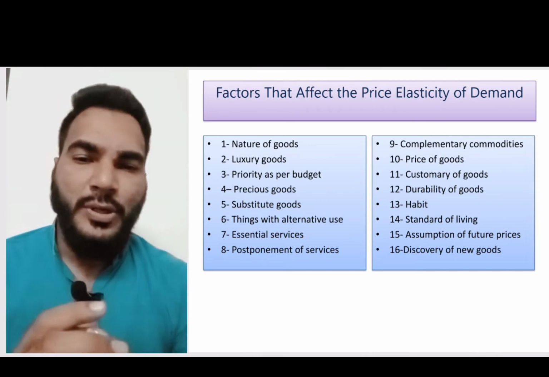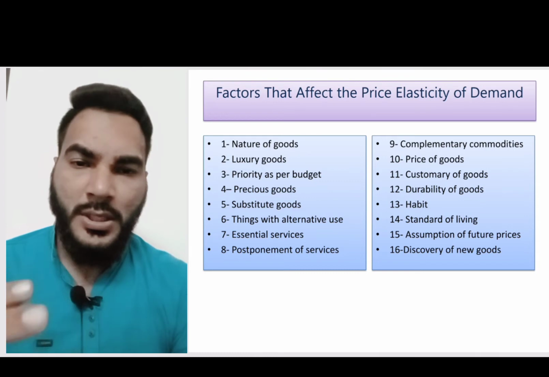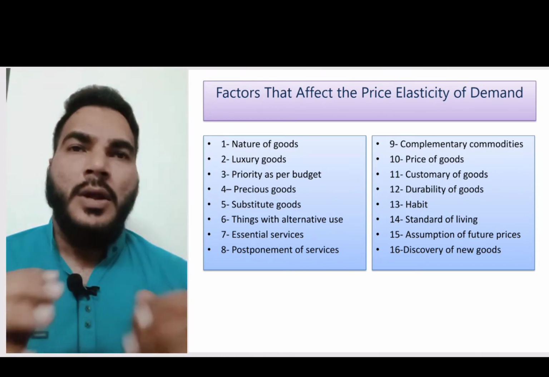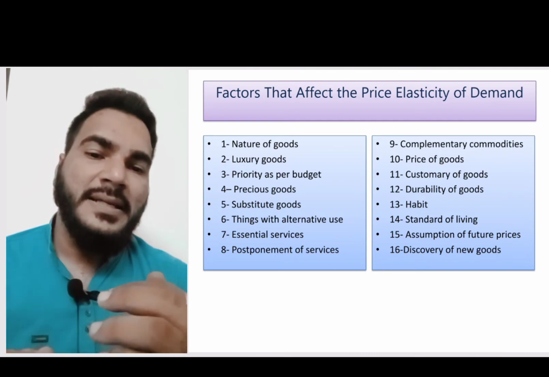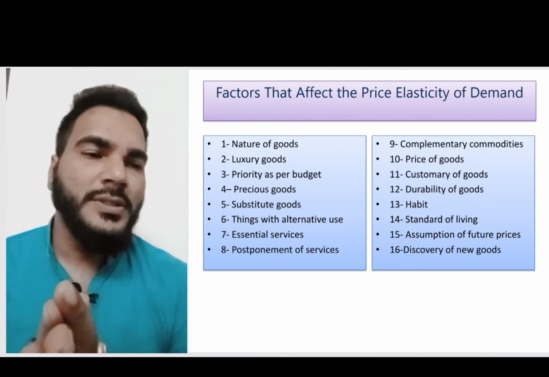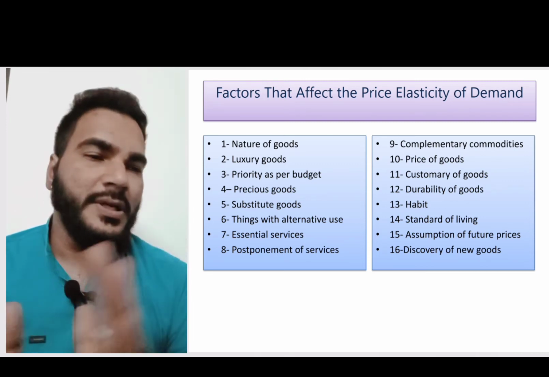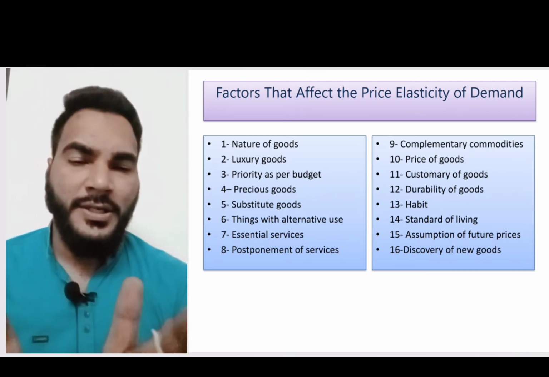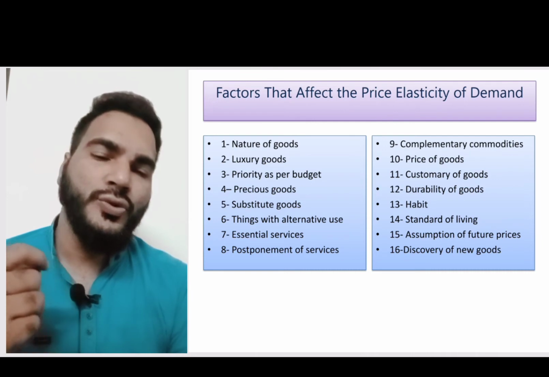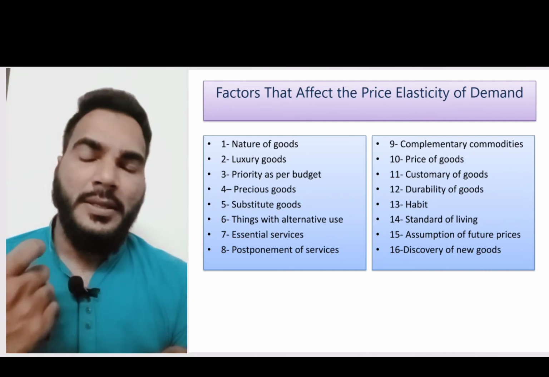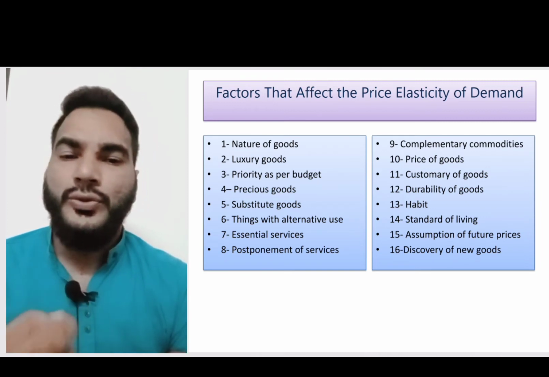Then things with alternative use. Let's take the example of electricity. We cannot live without electricity, we need it. But if the price increases, we can reduce some uses of electricity. Electricity has many uses: it can be used to operate the AC, to switch on the lights, and to switch on the fans.